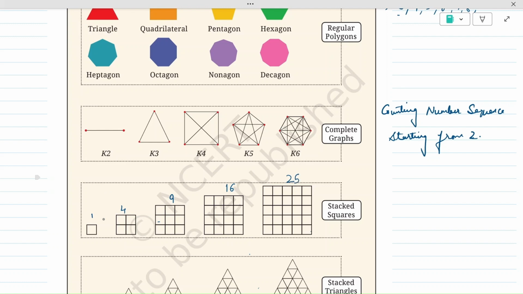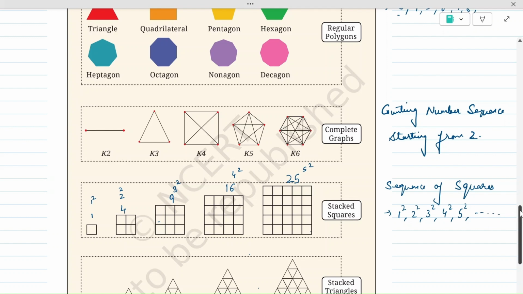So this is 1 square, this one is 2 square, this is 3 square, 4 square and 5 square. So this is a sequence of squares: 1 square, 2 square, 3 square, 4 square, 5 square and so on.